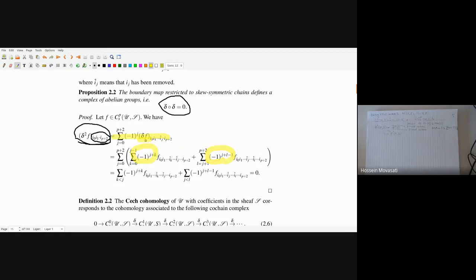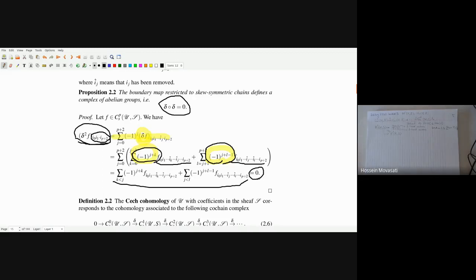When we write the definition for the second delta, we will see that there are two terms with ij and ik missing. In these two terms, the corresponding signs are different, so they cancel each other, and at the end we get 0.